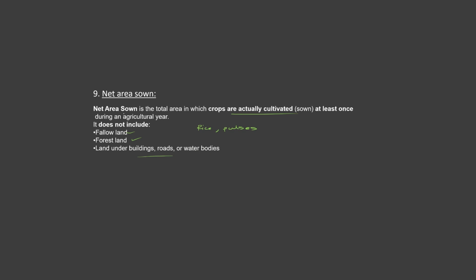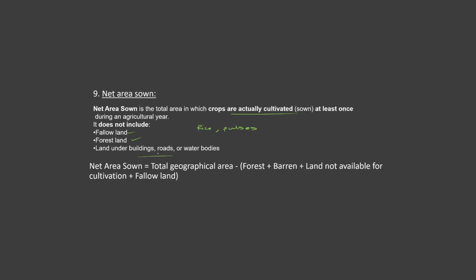So, how to know the net area zone is by knowing this formula. Net area zone is equal to total geographical area, that means the total area where we want to find the net area, minus forest. Forest we have understood in the first slide, and the barren land where no agriculture can be produced or cultivated, so it is called barren land, and land not available for cultivation.